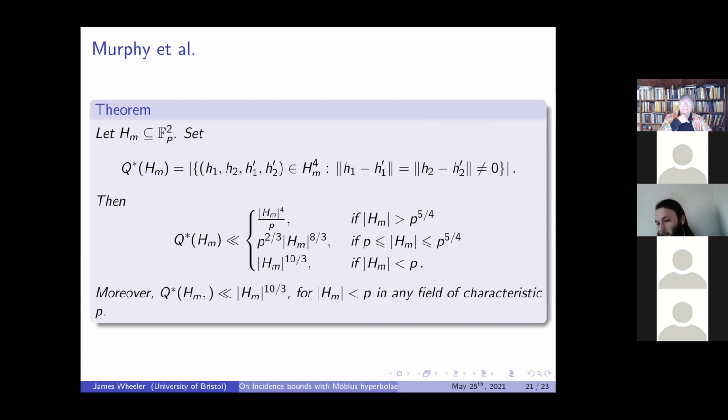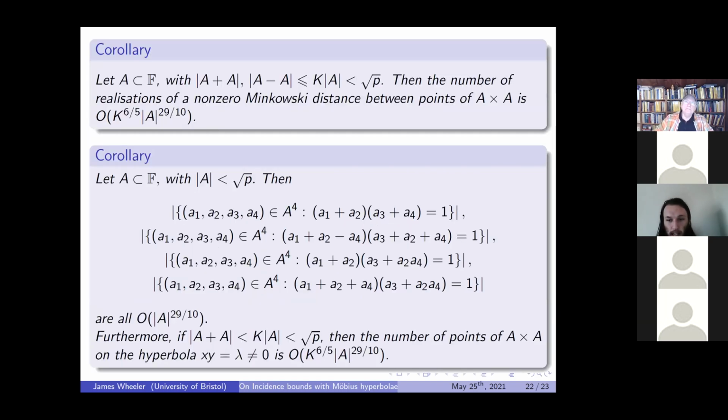Having done that, I will use our last few minutes to talk about some of our corollaries which we've come up with. The first one is the realizations of Minkowski distance, and this would in some ways be a nice step towards trying to get the Erdos unit distance problem.